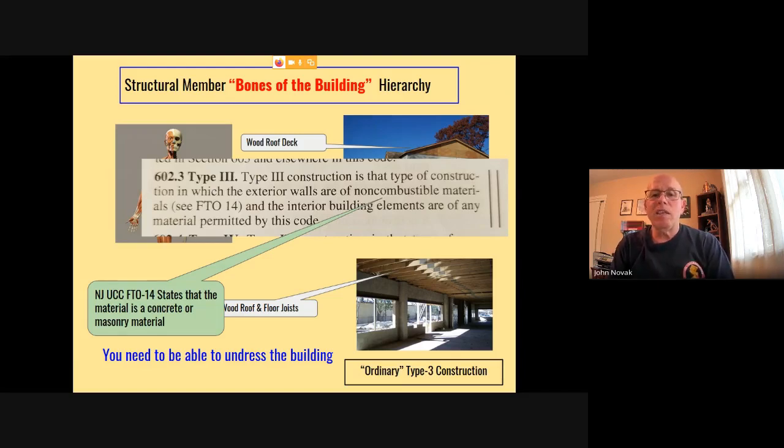And what they're saying is that the material for exterior walls in type 3 ordinary construction needs to be some type of similar material to concrete or masonry. All right. So that's one of the catches with the building code, that your type 3 ordinary construction has exterior bearing walls that are going to be some type of masonry or concrete type material.